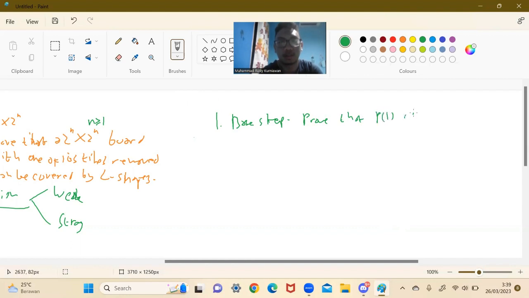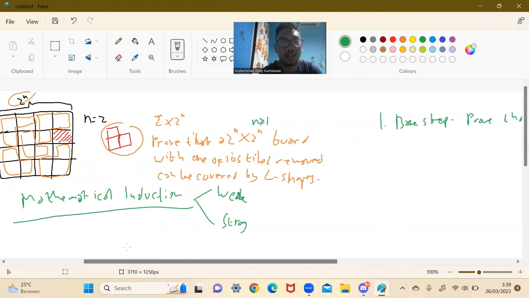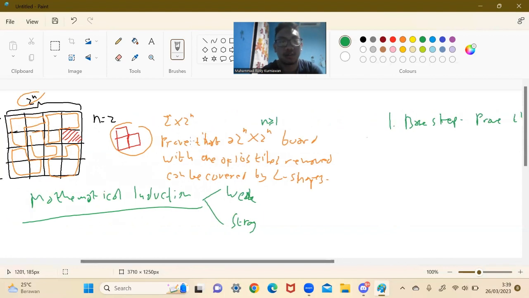Prove that P1 is true. What is P1? P1 is a shorthand for the statement we want to prove. Here, you wouldn't want me to recite this statement over and over again, so we can just give a shorthand to it. Let's just say it's Pn.